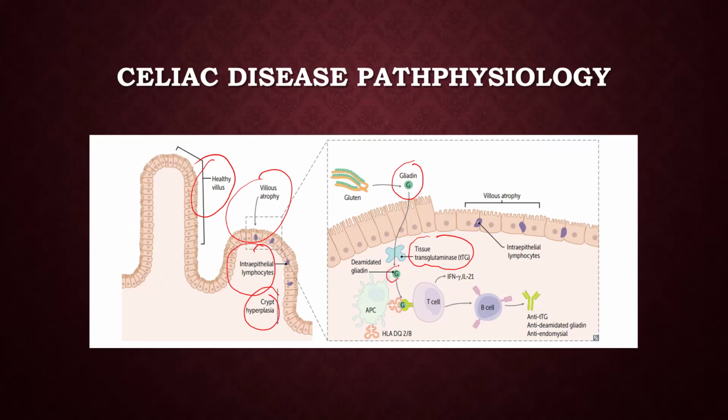Normally this deamidated gliadin is eliminated, but in celiac disease it is taken up by antigen presenting cells, which present it to the T cells, and the T cells activate the B cells, which produce anti-tissue transglutaminase antibody, anti-deamidated gliadin, and anti-endomysial antibodies. These autoantibodies start damaging the villi, leading to villus atrophy and crypt hyperplasia. These are the histological findings you will find in celiac disease.